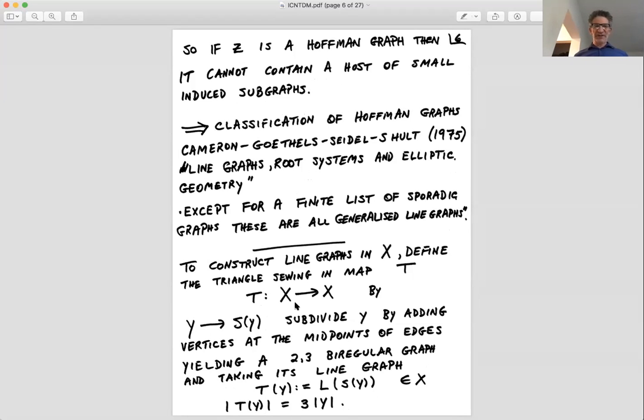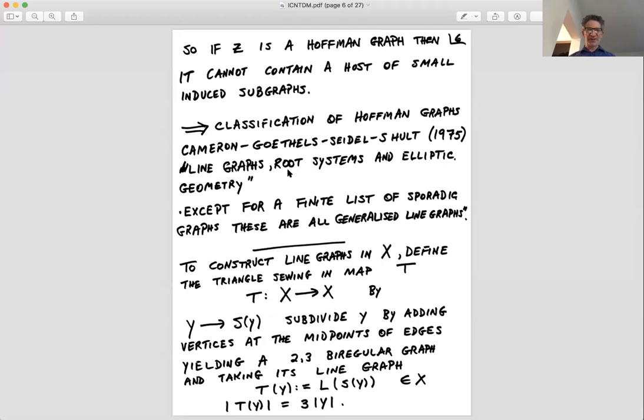And this was achieved in an absolutely beautiful paper by Cameron, Goethals, Seidel, and Shult in 1975 called Line Graphs, Root Systems, and Elliptic Geometry. We saw that if you take a line graph, you get a graph whose spectrum starts at -2, and they prove the converse except for some variants of line graphs and some finite number of sporadic graphs connected to root systems, the E8 lattice, and angles between vectors inside the E8 lattice.